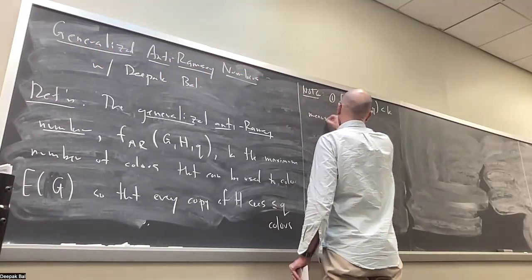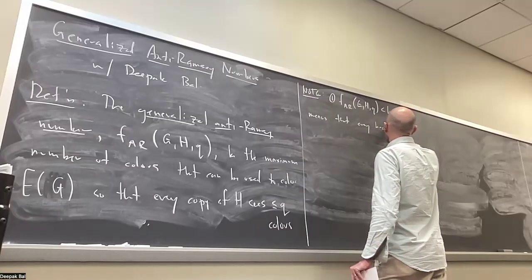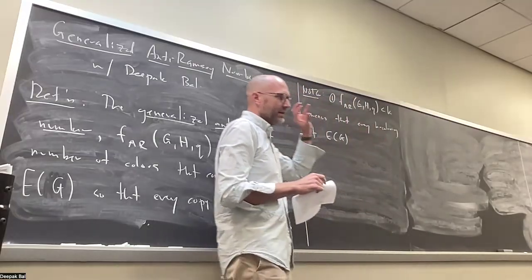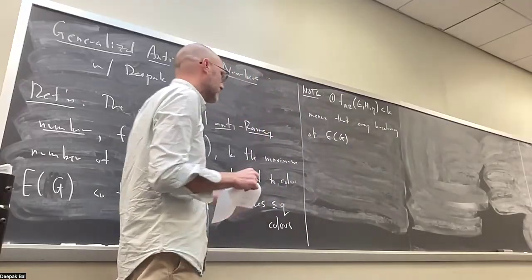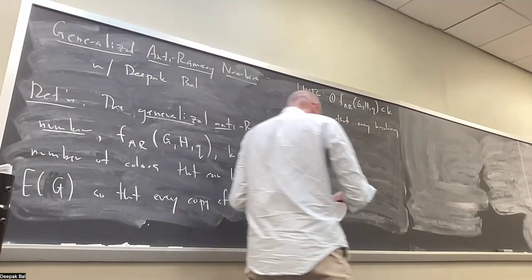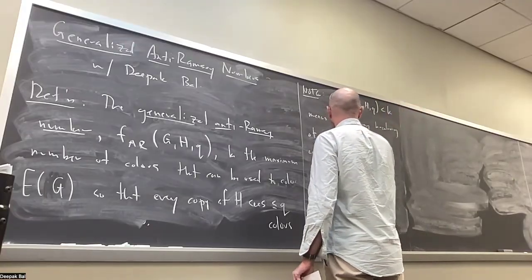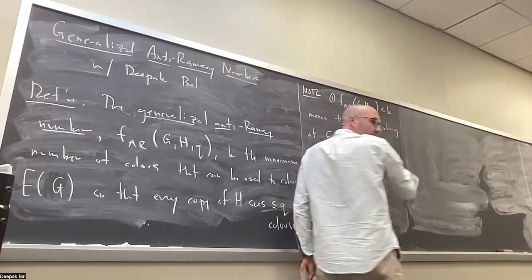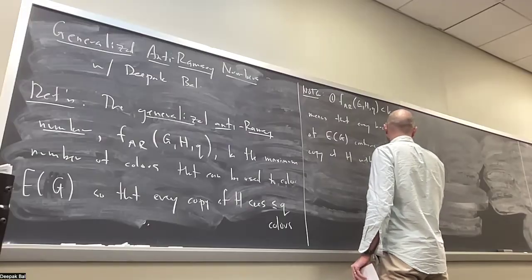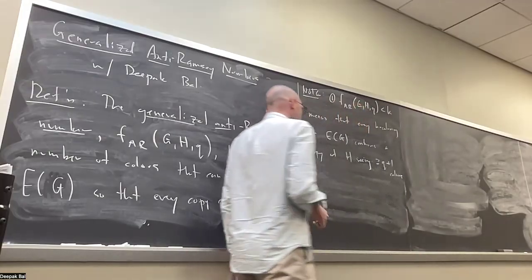It means that every k-coloring of E of G, and I should point out that when I say k-coloring, I mean that I'm using all of the colors, contains a copy of H with at least Q plus 1 colors. So this is too many colors, and so we've exceeded this number.